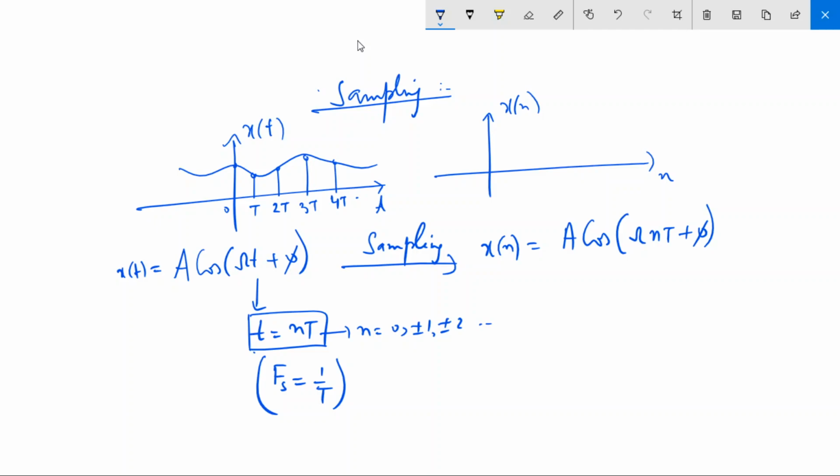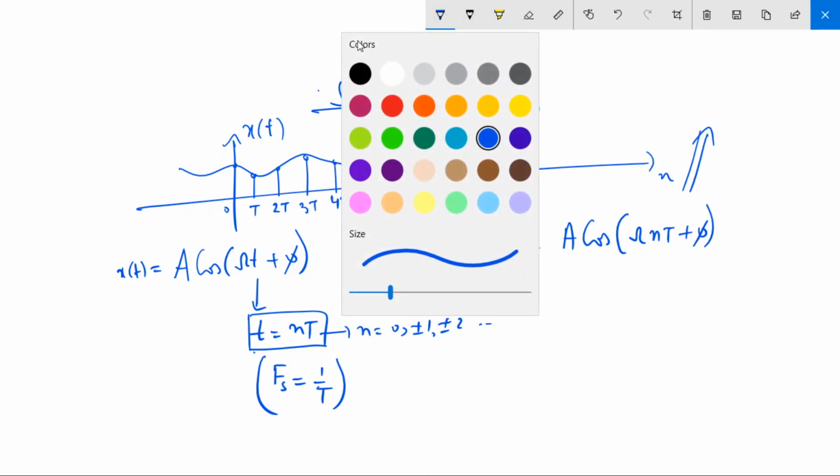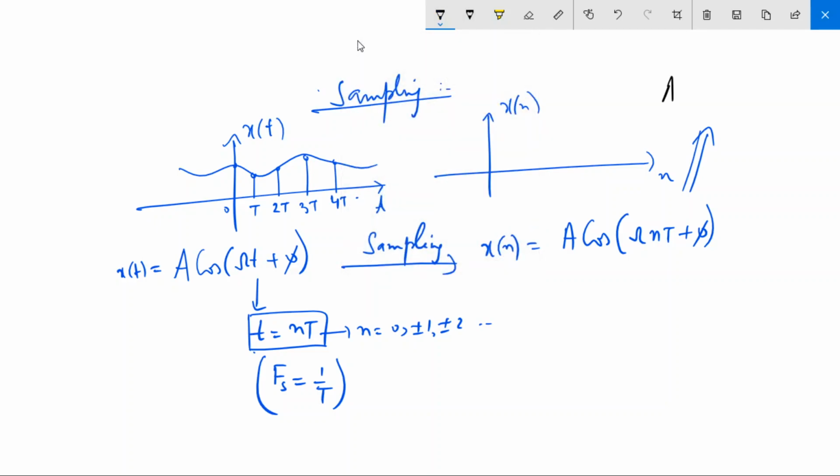This is the sampled signal. Now if you compare this signal with its original equation, that is A cos of omega n plus phi, you can see that the relation between this omega, that is angular frequency in the analog and in the digital frequency, is nothing but omega will become omega T.